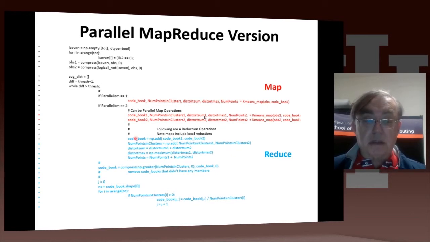Then we take the center, and in the case of parallelism 1, we come back and do some arithmetic here, but for the case of parallelism 2, we still need to do a little bit of work. We add the two code books together, we add the number of points in the clusters together, we add the distortions together, we take the max over the maximum in process 1 or process 2, and then we add the total number of points together.